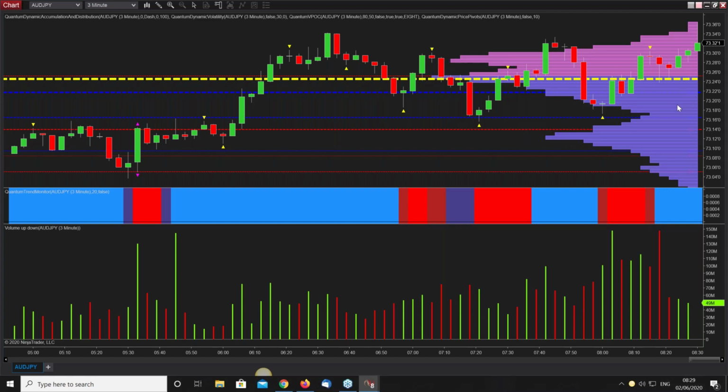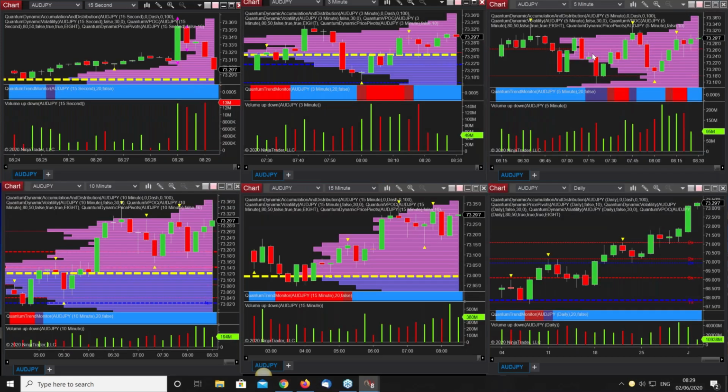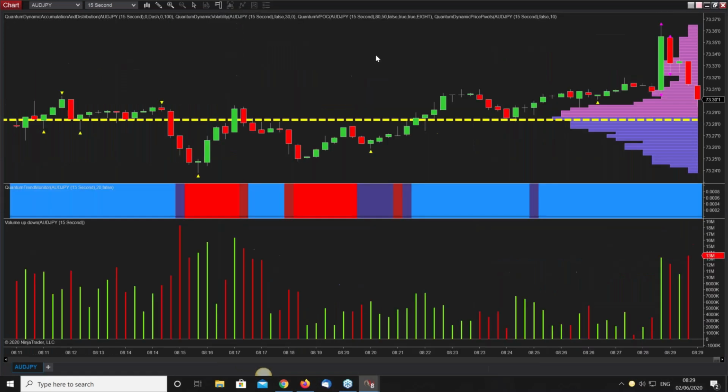In other words, the selling has fallen away in the same price region, and therefore, we're expecting the market to rally off that.